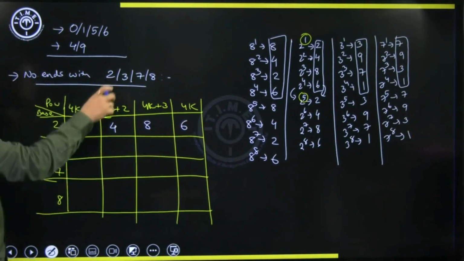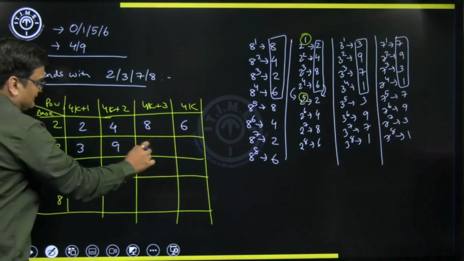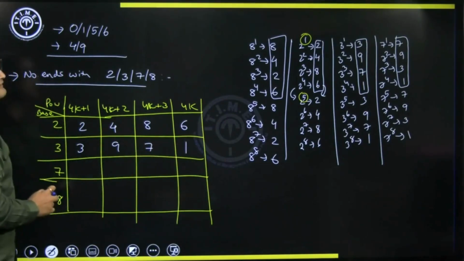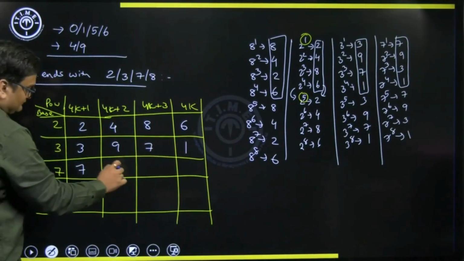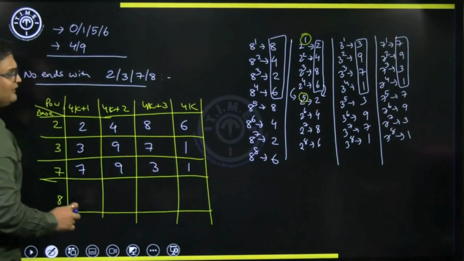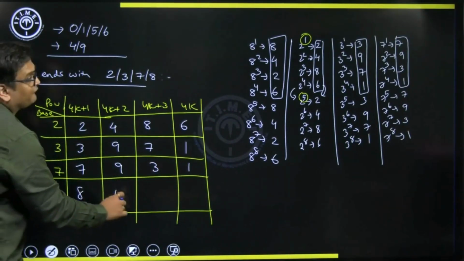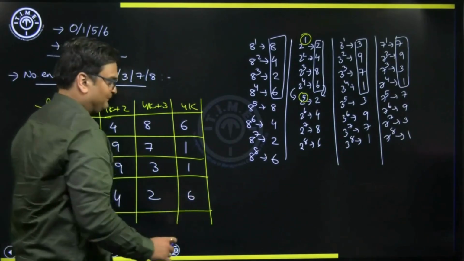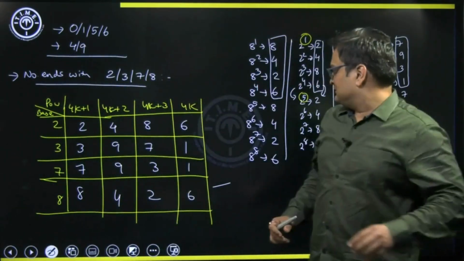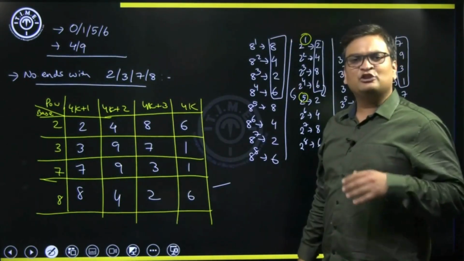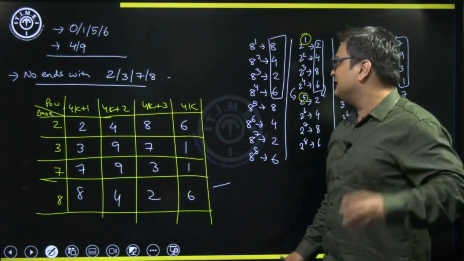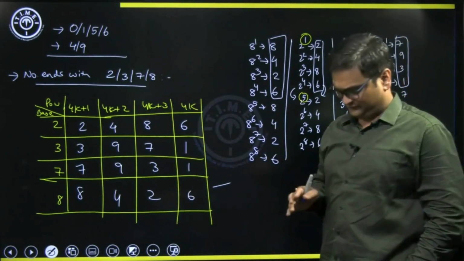Similarly for 3, the pattern is 3, then 9, then 7, then 1. For 7 it is 7, 9, 3, 1. And for 8 it is 8, 4, 2 and 6. If you are clear with this table, you can find the units digit of any number ending with 2 or 3 or 7 or 8.